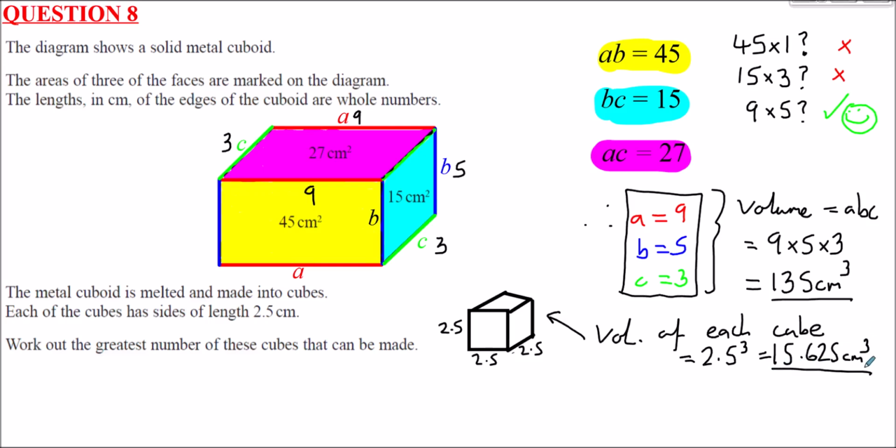So how many cubes can be made from 135 cm cubed? Well, we can work this out by doing 135 divided by 15.625.